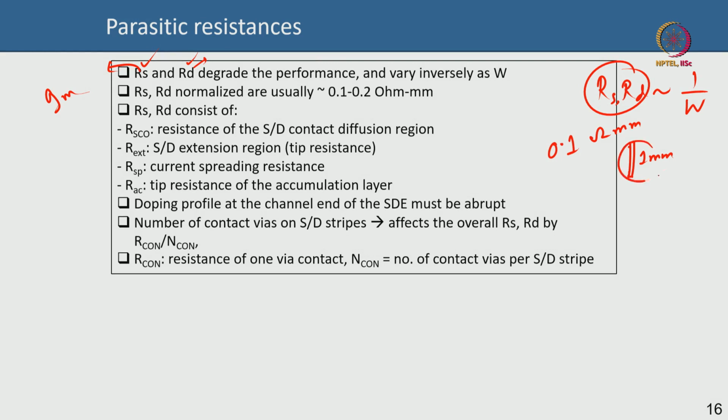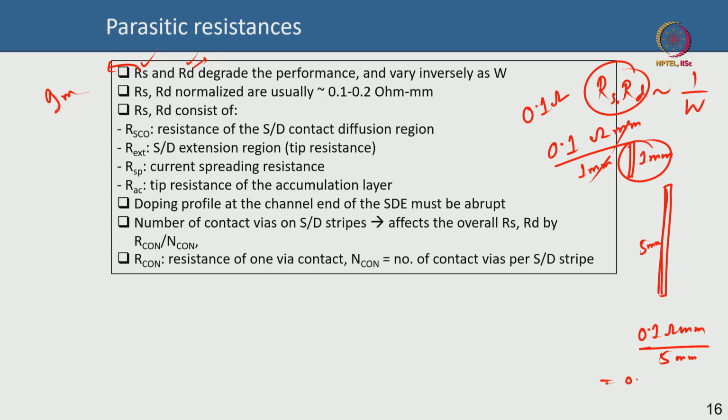If you have a 1 mm device, you divide it by 1 mm to get the absolute resistance, which is 0.1 ohm. Now if I had a 5 mm device, then the absolute resistance is 0.1 ohm mm divided by 5 mm. This will be 0.02 ohm in absolute quantity.